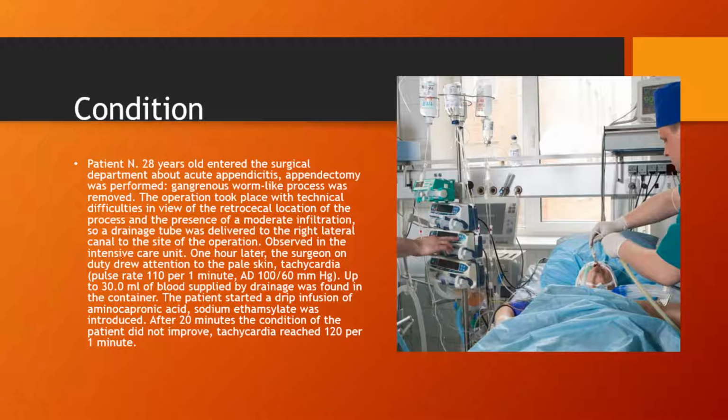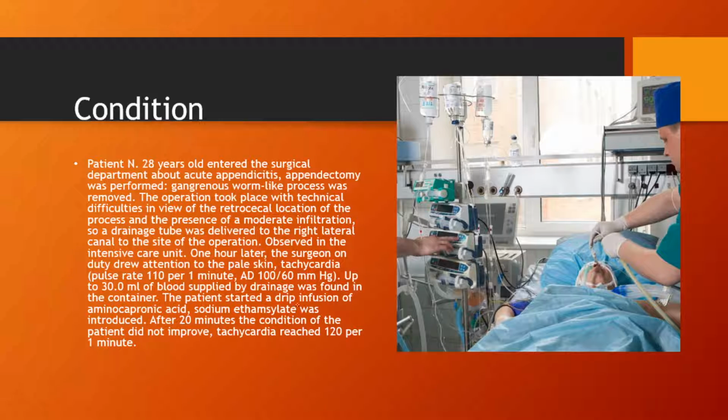Observed in the intensive care unit. One hour later, the surgeon on duty drew attention to the pale skin, tachycardia, pulse rate 110 per minute, blood pressure 160, and up to 30 milliliters of blood supplied by drainage was found in the container.